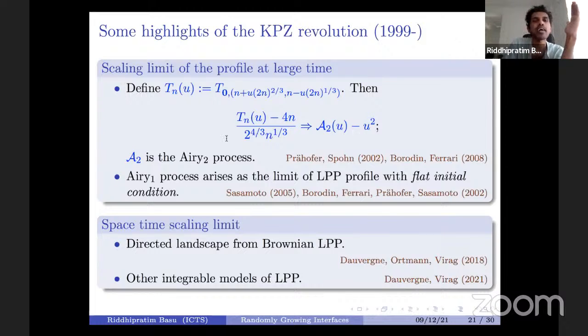In particular, I define T_n(u), where u is a real number, as the passage time from the origin to the point (n + u·2n^(2/3), n − u·2n^(2/3)). Now you'll point out immediately that u times 2n to the 2/3 need not be an integer. I will just take the integer part.